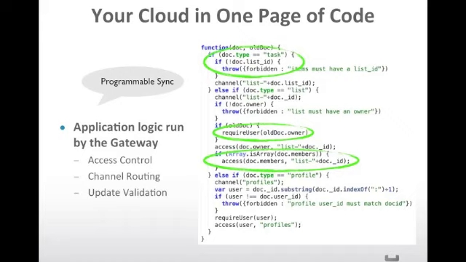And when that happens, this function runs the access call in this third green circle and grants those members access to the channel associated with this list. So now they have the ability to see and interact with the task documents on that list.